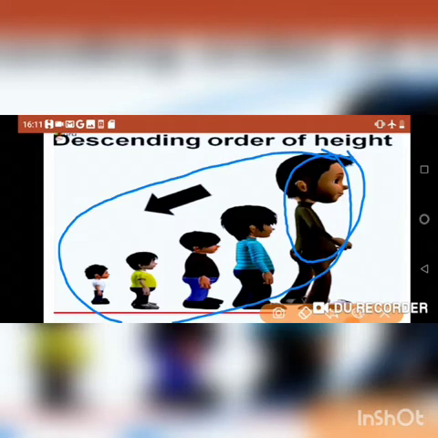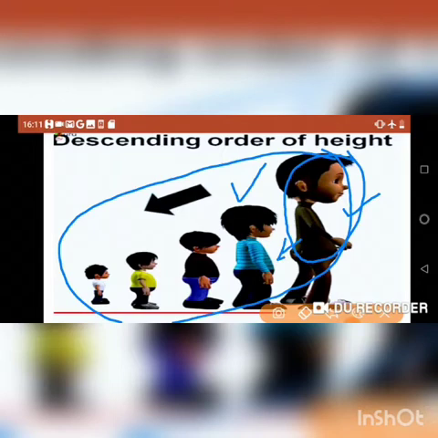If you look at the second boy, he is having shorter height than the first boy, right? That's why he is standing behind him.